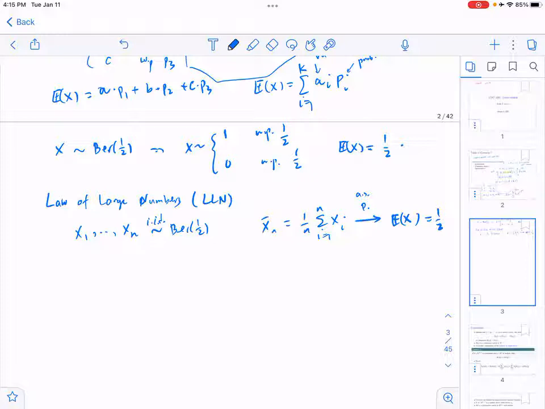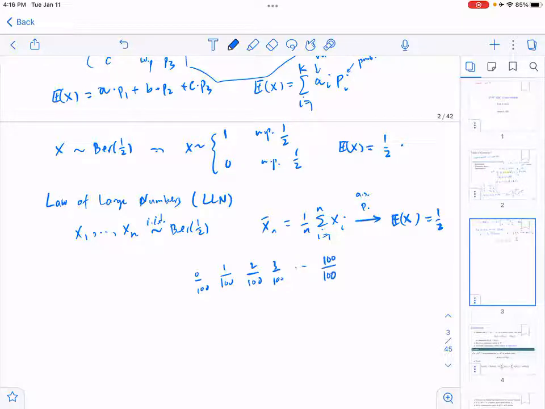Now the average can take many values. Let's say you observe 100 zeros and ones, and then you average them. As n grows, the range of possible values gets bigger. If you have 100, you can get 0 over 100, 1 over 100, any of these numbers up to 100 over 100.